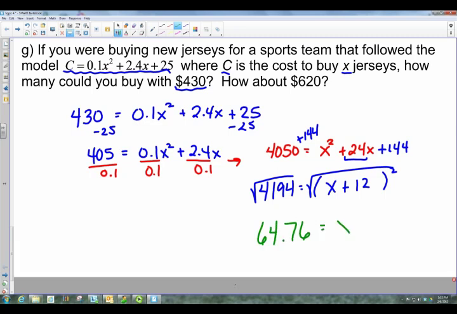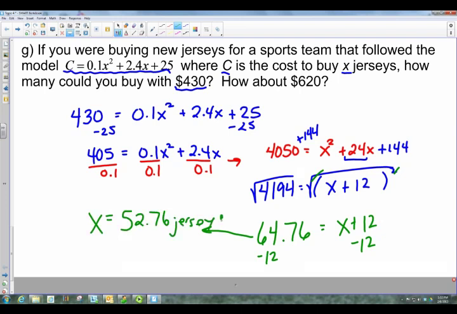And that equals x plus 12 after those cancel. Then you finalize this by subtracting 12, and we end up with, over here on the left, x equals 52.76 jerseys. Well, we know we don't really want that 0.76 jerseys, so we could buy, with that amount of money, 52 jerseys, and there you go.